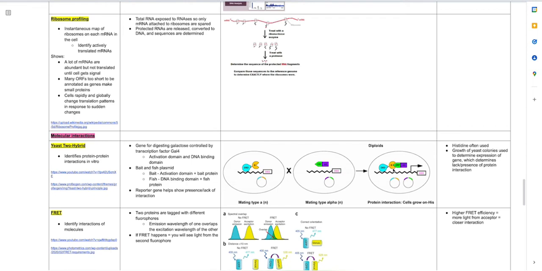This gene is called a reporter gene, because it reports whether these two are interacting. A really popular way to do this is using histidine, because it's a really important nutrient, and the growth of the yeast colonies determines the expression of the gene, and that in turn tells you the lack or presence of protein interaction.